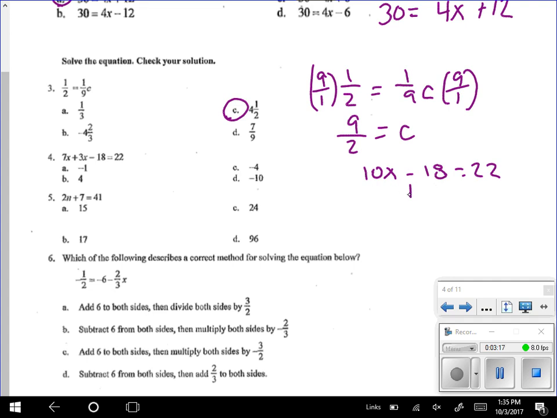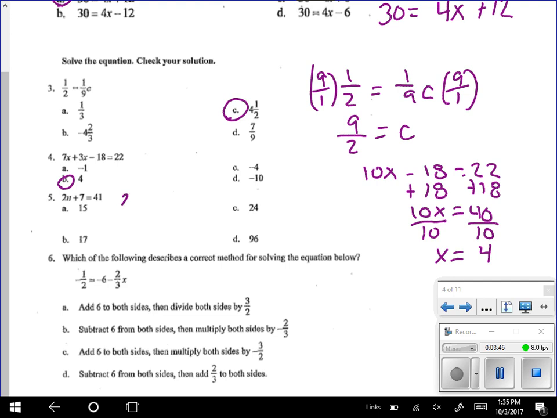I have minus 18, or a negative 18, so I'm going to add 18 to both sides. So I have 10x equals, add our 18, so we're going to get 40. And then the last step would be to divide by 10 to get x alone. As you can see, I'm working on the side with my variable, and I'm doing the inverse of whatever is happening between my number and my variable. So B would be our answer there.